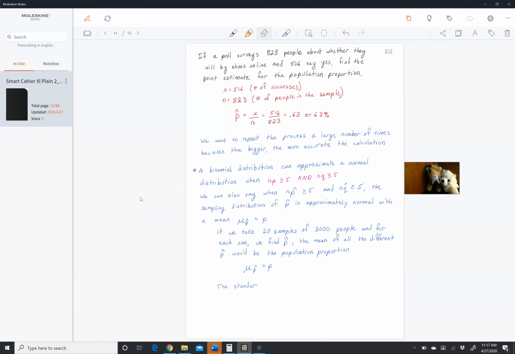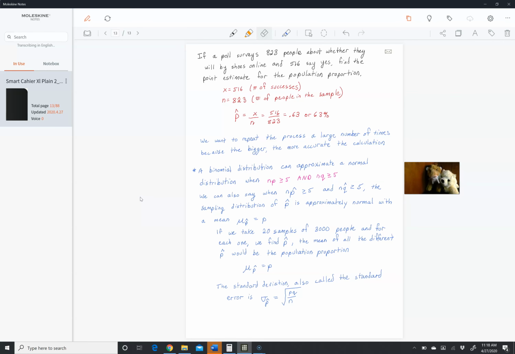So the standard deviation, also called the standard error, is the square root of p times q over n. So we have a mean and a standard deviation here.